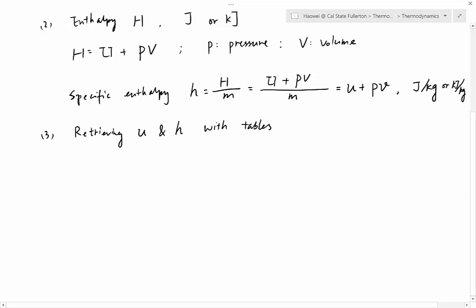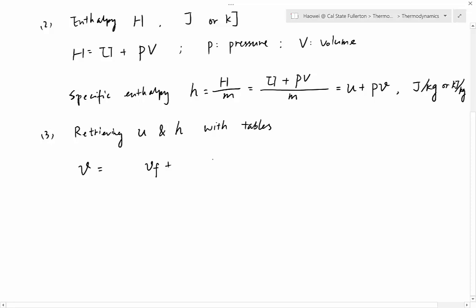Okay, and then what if you have a mixture? Remember, how do you look for the nu of a mixture? Do you remember the equation? If you understand it, you can memorize it very easily. First of all, your mixture will have two components. The first component is saturated liquid, point f.